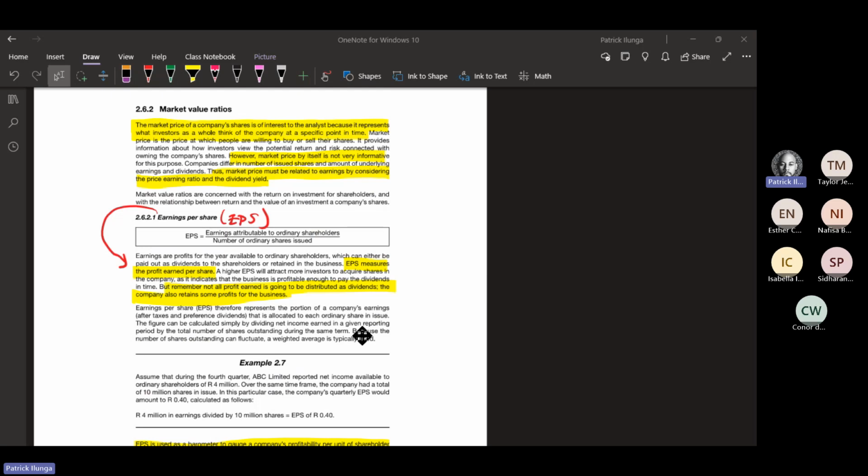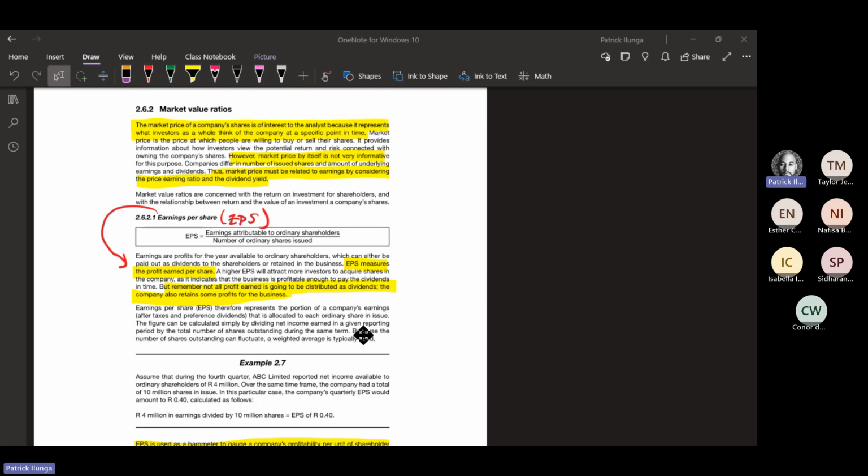You must check if your earnings attributable to ordinary shareholders is in many cases your net profit, right? But you just need to divide it by the number of ordinary shares that are issued. Simple.